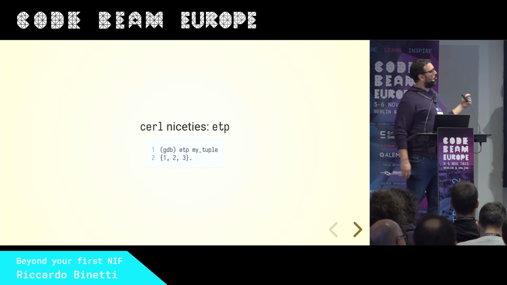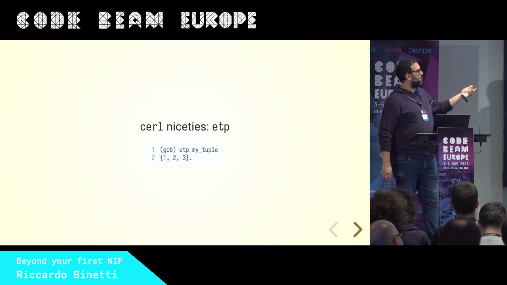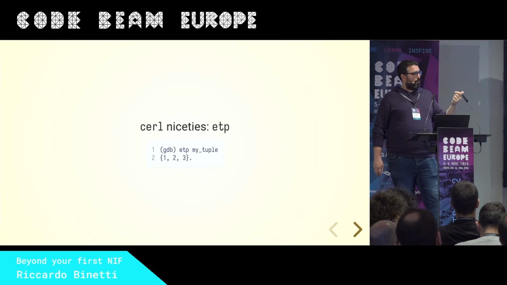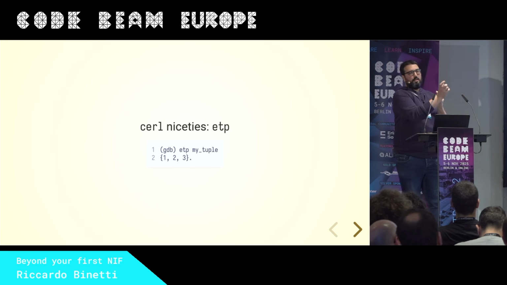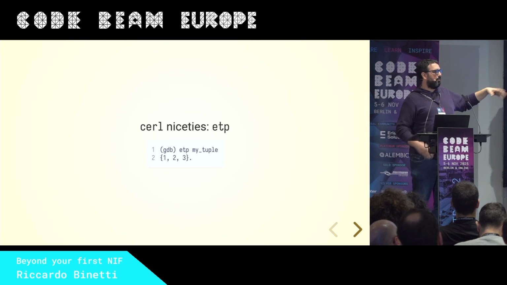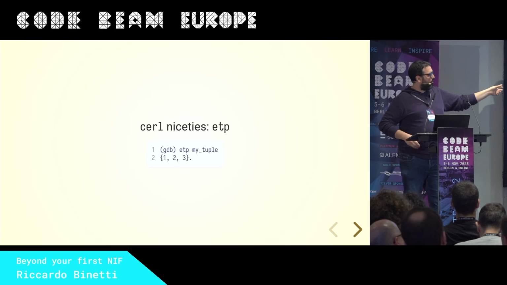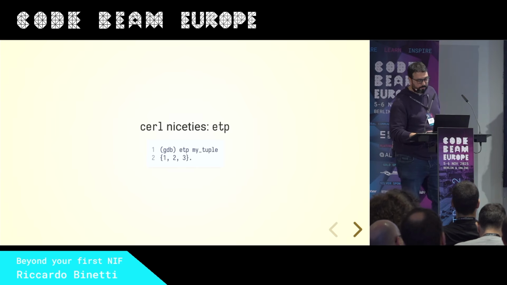The reason you want to do that instead of using GDB directly is that it provides some niceties. For example, if you have an ERL_NIF_TERM in your NIF, you can do etp and the name of the variable, and instead of a random memory address, it will print the actual term value, as you would see it on the Erlang side.